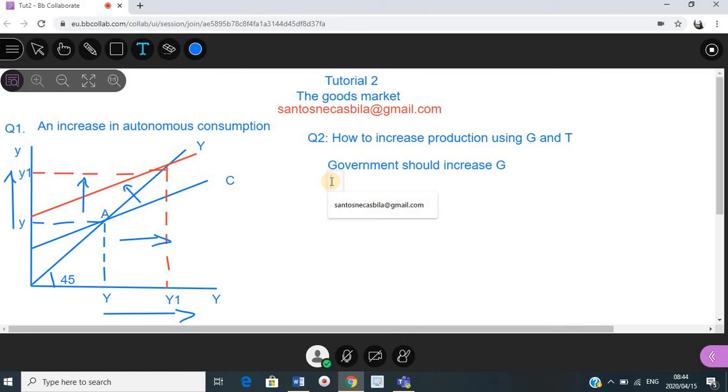If this happens, it's going to increase our production. So summarizing, we can just say the government should decrease or lower tax. Very good. This is basically what the government can do to make sure that production is increasing.